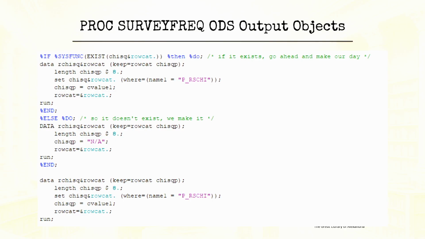So if you're expecting to see an ODS output object, and it doesn't encounter it, and you're trying to pull that in for a report, you're going to want to do something about that because it's going to fail because you don't have the object.